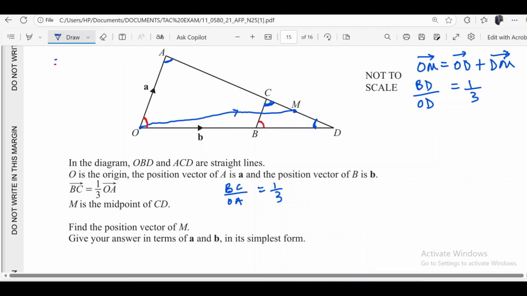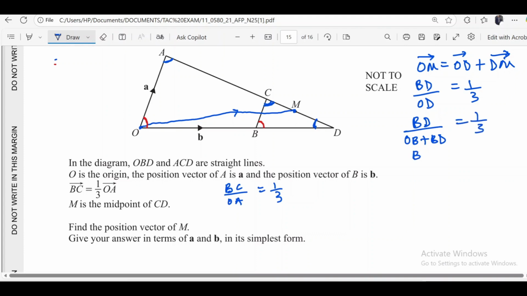So now I'm looking for BD. We can break OD into OB plus BD. Maybe I should take that first, for clarity. So now the denominator OD is OB plus BD, and this is 1 over 3.